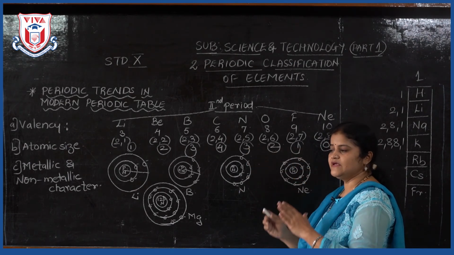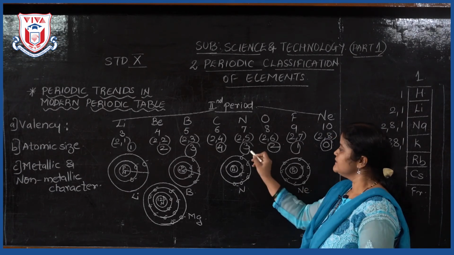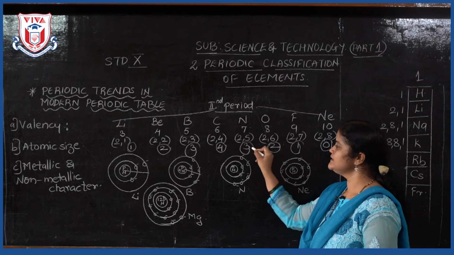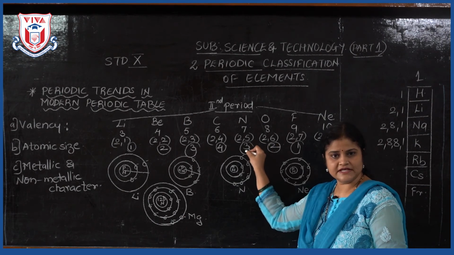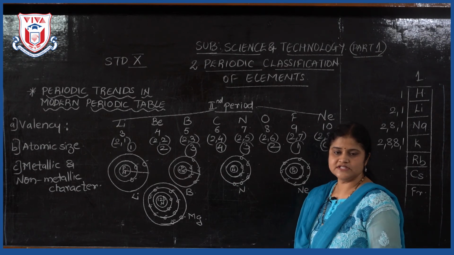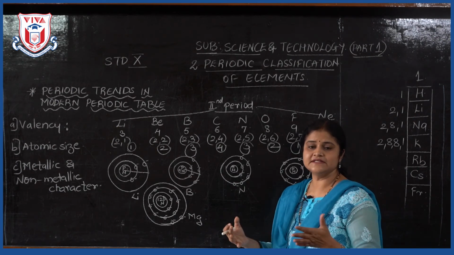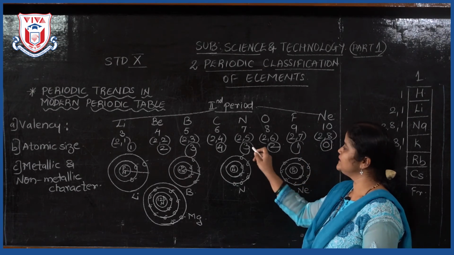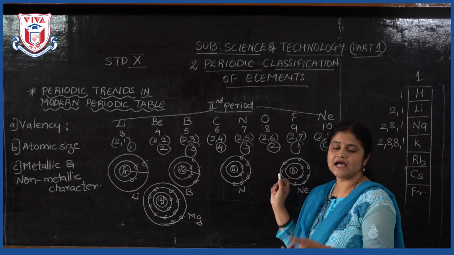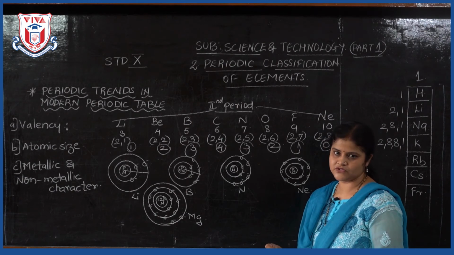So it is better when we compare both the cases: to complete the octet, either they have to accept 5 electrons or donate. In both cases, considering the energy lost by that particular element, it becomes easier for it to donate 3 electrons than to accept 5 electrons.